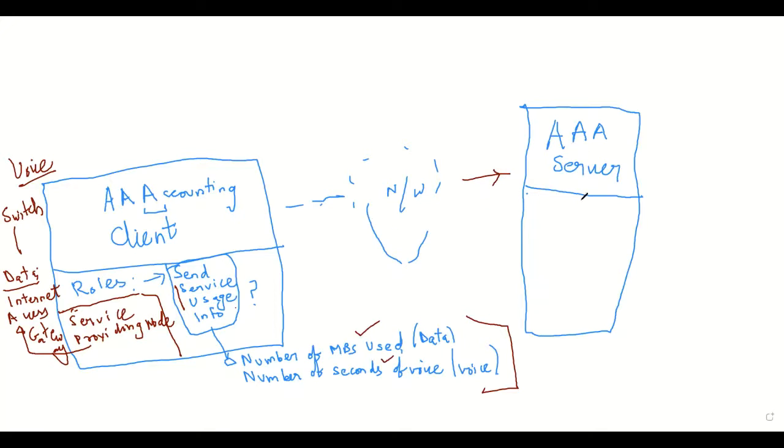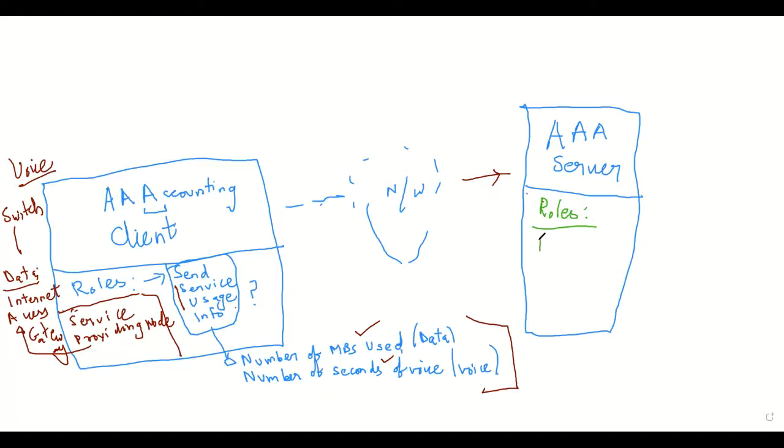So a AAA server, what are its roles? So let's say, what do we expect of a AAA server? What does that need to do? Typically, what it needs to do is, let us pick another color, and let's choose this green color. Okay, so what are the roles of a AAA server?